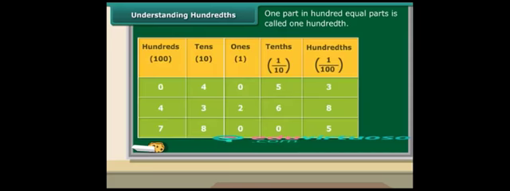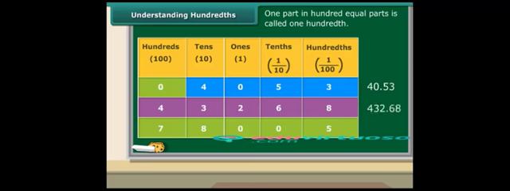Now concentrate on the table and let us read decimals from it. Look at the first row. 40 plus 5 tenths plus 3 hundredths will make 40.53. Now focus on the second row. 4 hundreds plus 3 tens plus 2 ones plus 6 tenths and 8 hundredths will make 432.68.